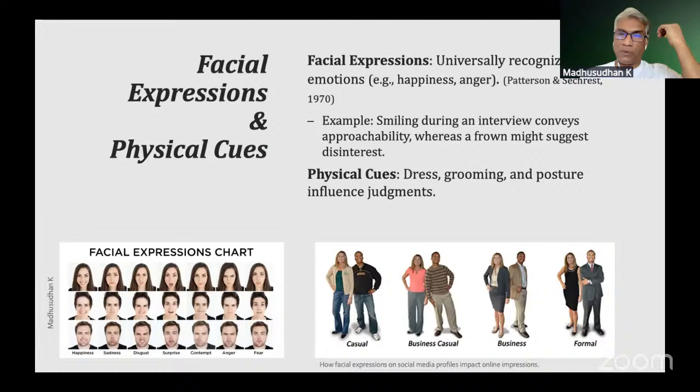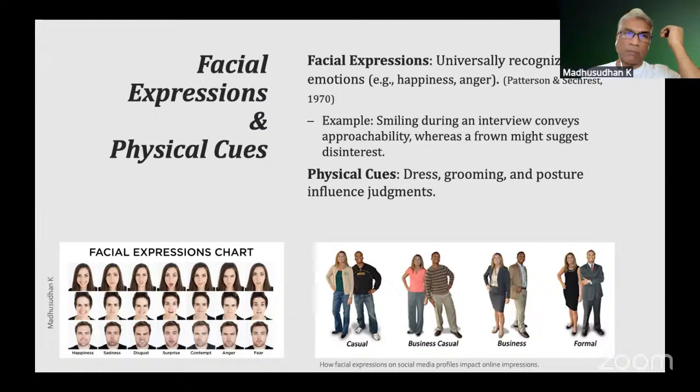Your dressing, your grooming, how you groom your hair, what attire you're using, the posture. Mostly these things influence a lot. If you're going for an interview at an MNC company, you can't simply go casually. At least go with a tuck-in shirt and formal shoes.